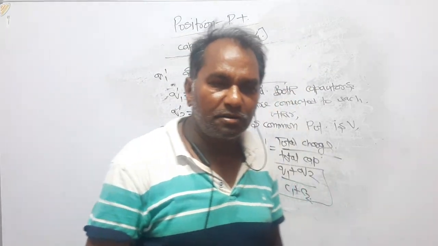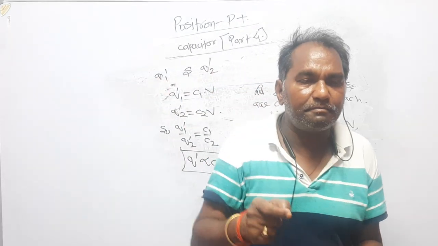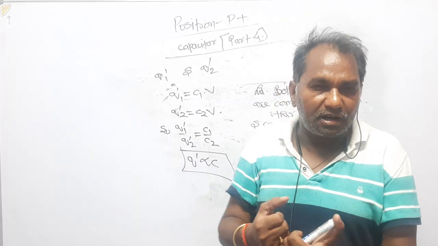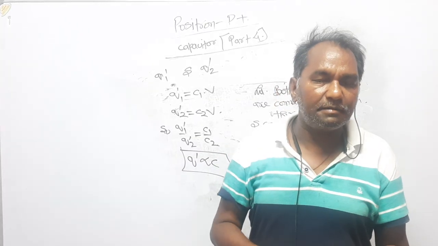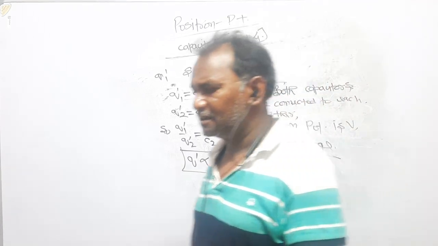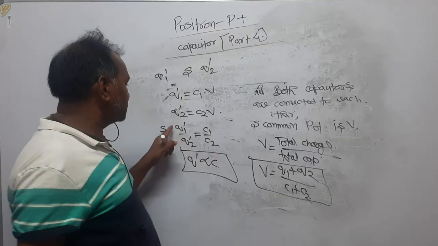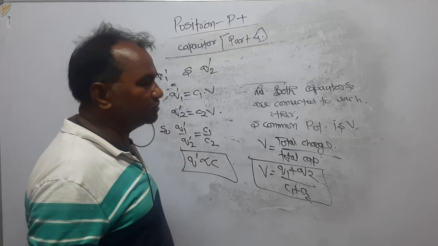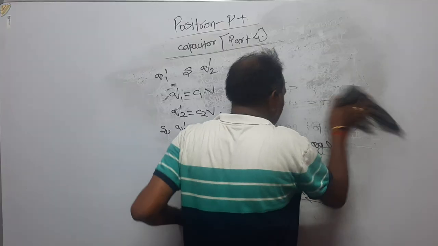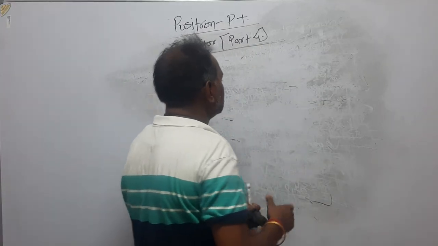Proportional to their capacities, meaning the higher capacity capacitor will take more charge, and the capacitor with lower capacity will take less charge.